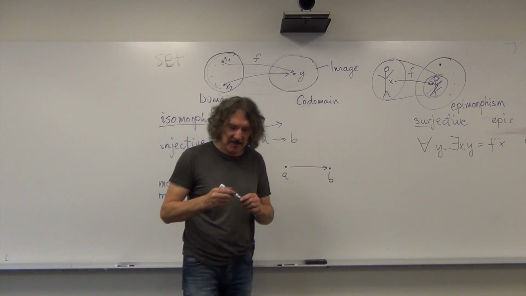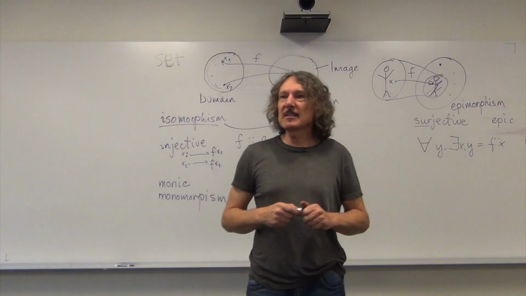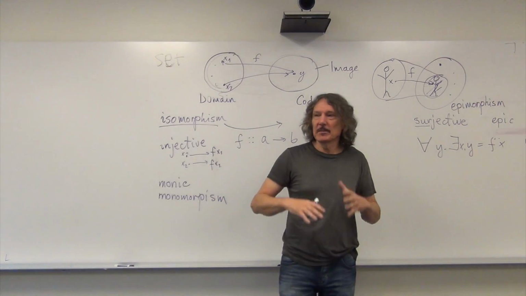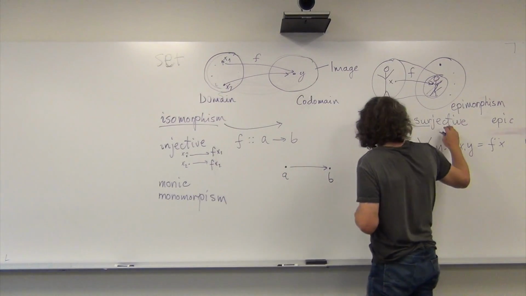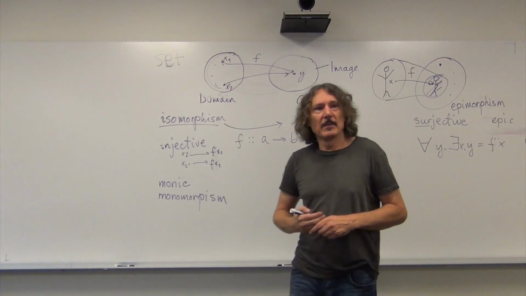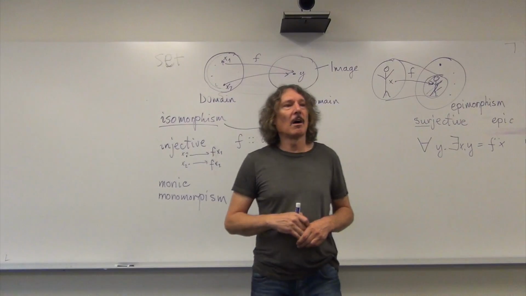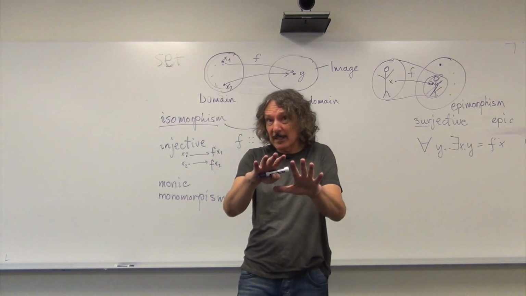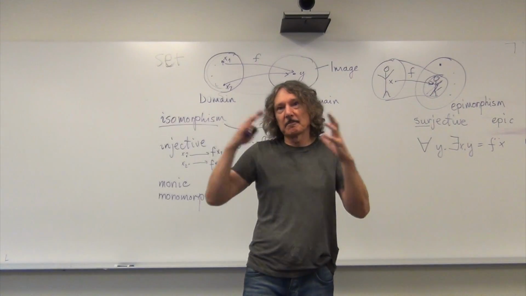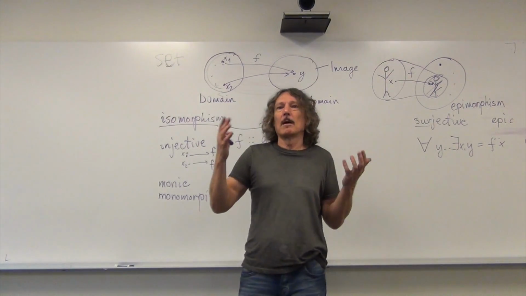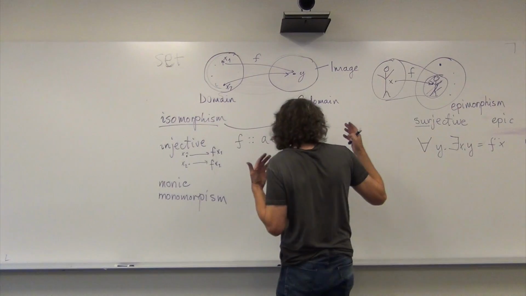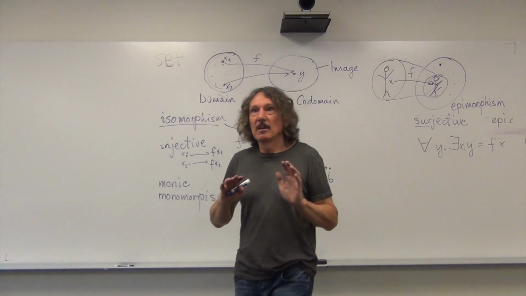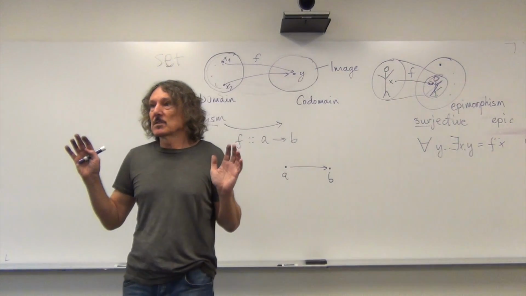Okay, but let's first think about the function. But let's try to define this property of a function that's surjective in such a way that we don't talk about elements. Okay? So first we'll start with a set, but we'll try to find the property of a surjective function that can be expressed purely in terms of other functions.